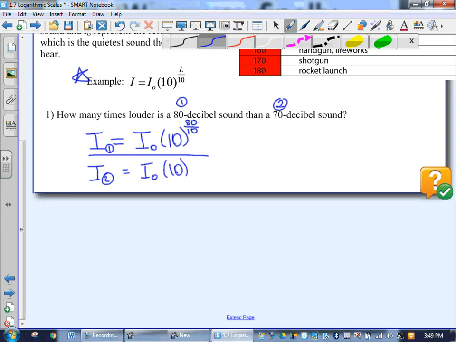Now, similar to before, my reference intensity is consistent, so it cancels out. That leaves me with 10 to the power of 8 divided by 10 to the power of 7. Dividing things with the same base, I can subtract their exponents, which leaves me with 10 to the power of 1, which is 10 times.